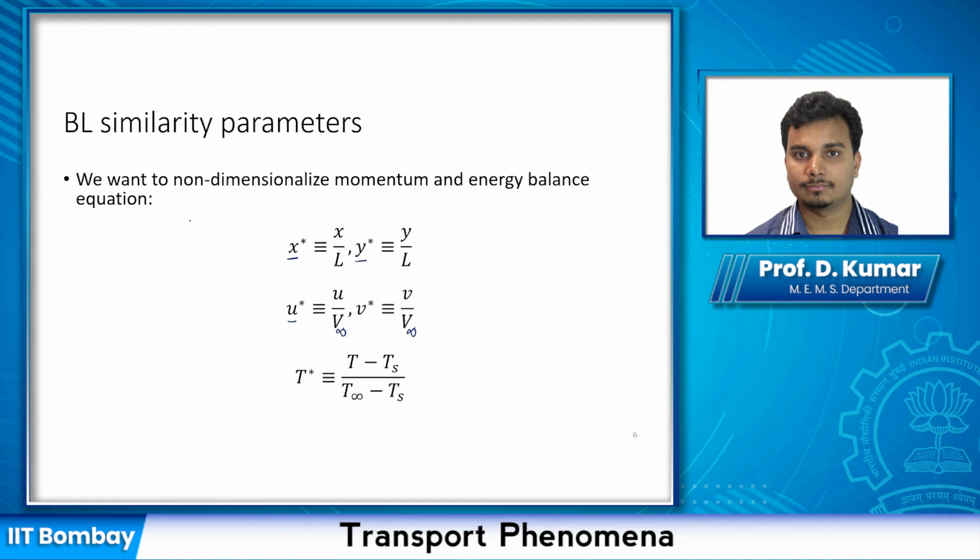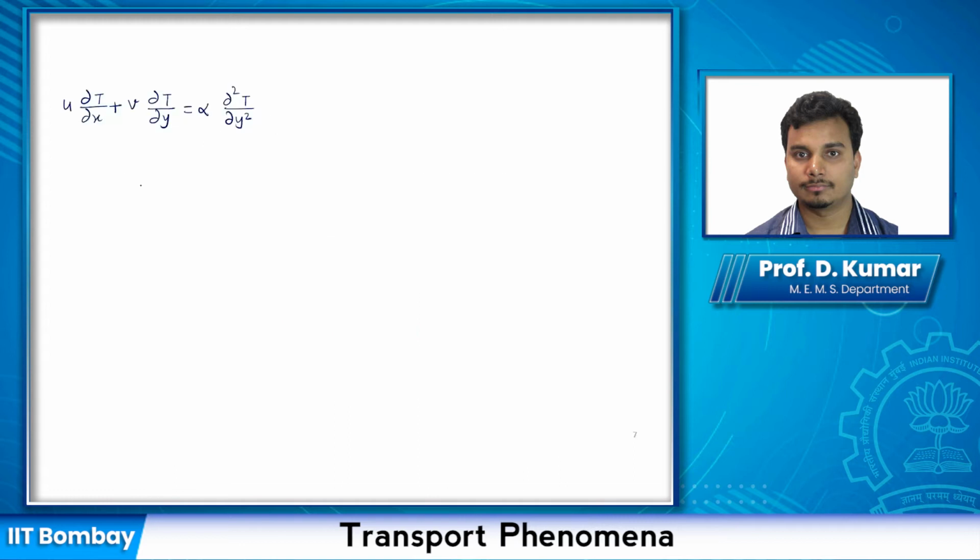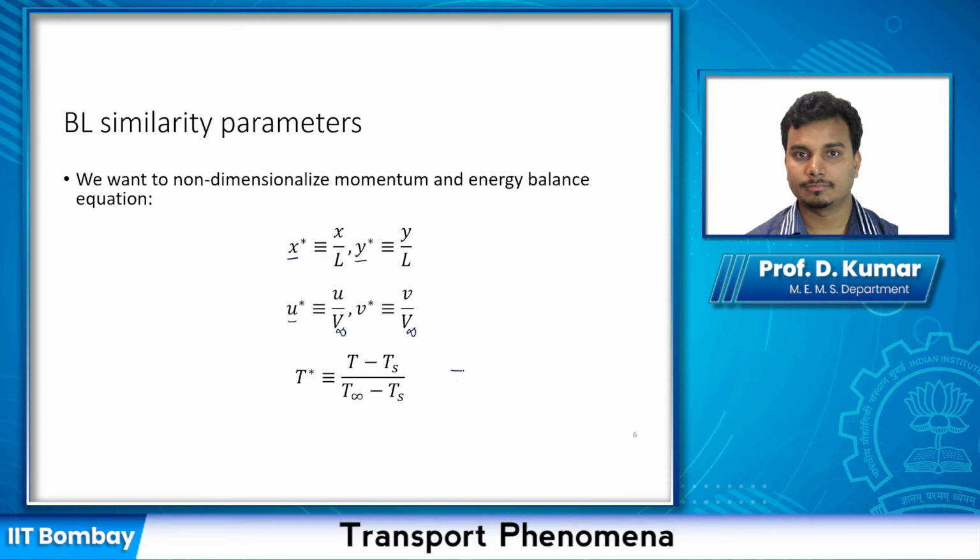Okay. So now if we go term by term, let's do the right hand side first. Alpha ∂²T can be written as, from here you can see that T minus Ts is equal to T infinity minus Ts times T star. So if you differentiate both sides, this term is constant, so this will go away. So you will have ∂T equals this times ∂T star.